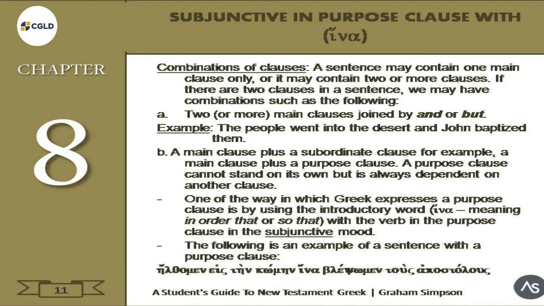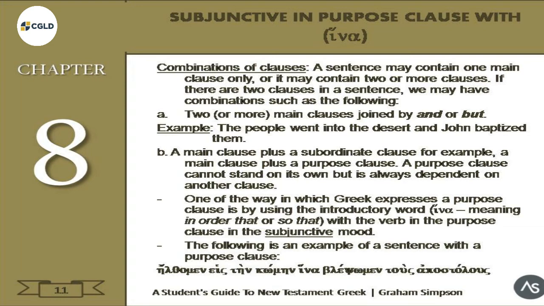One of the ways in which Greek expresses a purpose clause is by using the introductory word hina, meaning in order that or so that, with the verb in the purpose clause in the subjunctive mood. There we come to the main learning of this chapter. The following is an example of a sentence with a purpose clause.